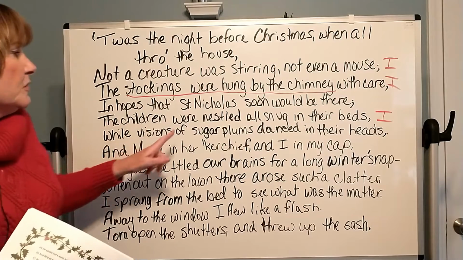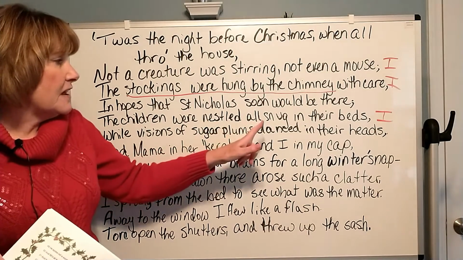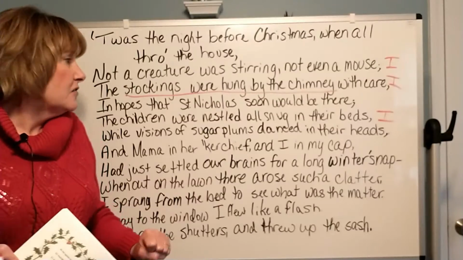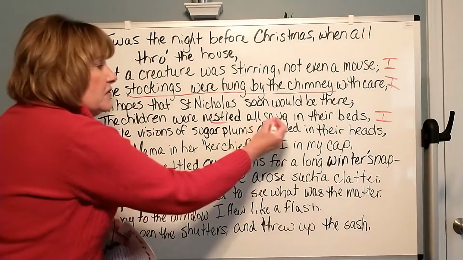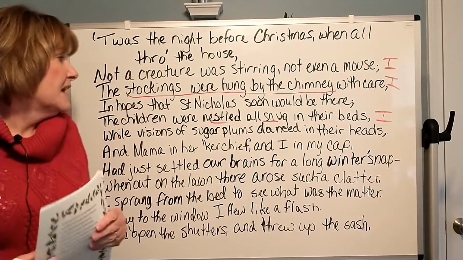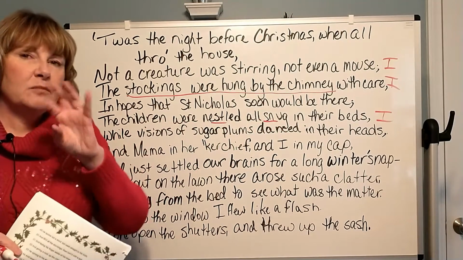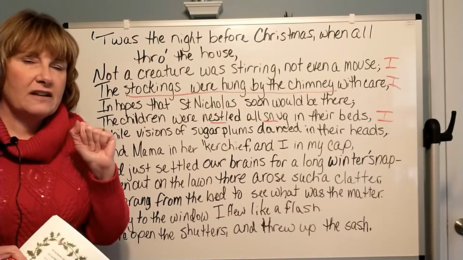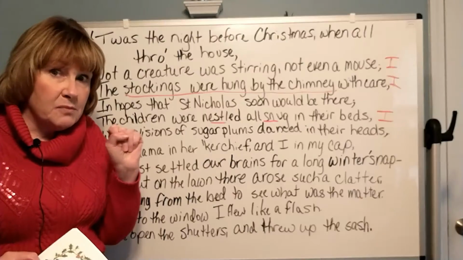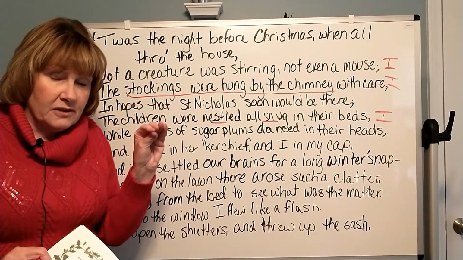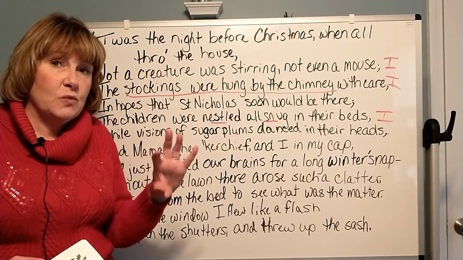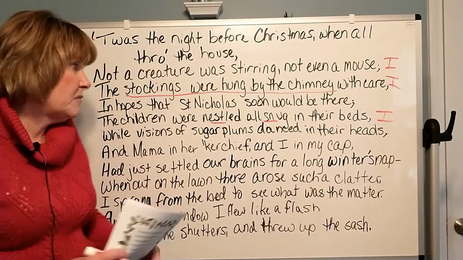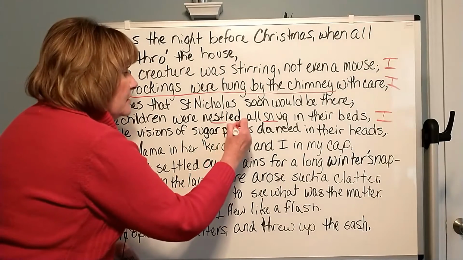We have the children were nestled all snug in their beds. So we have that s sound in nestled, and we have that s sound in snug. So we definitely have some kind of sound thing going on here. And if you can remember the literary device that uses the sound to create a mood when we have words with the same sound, that is alliteration.